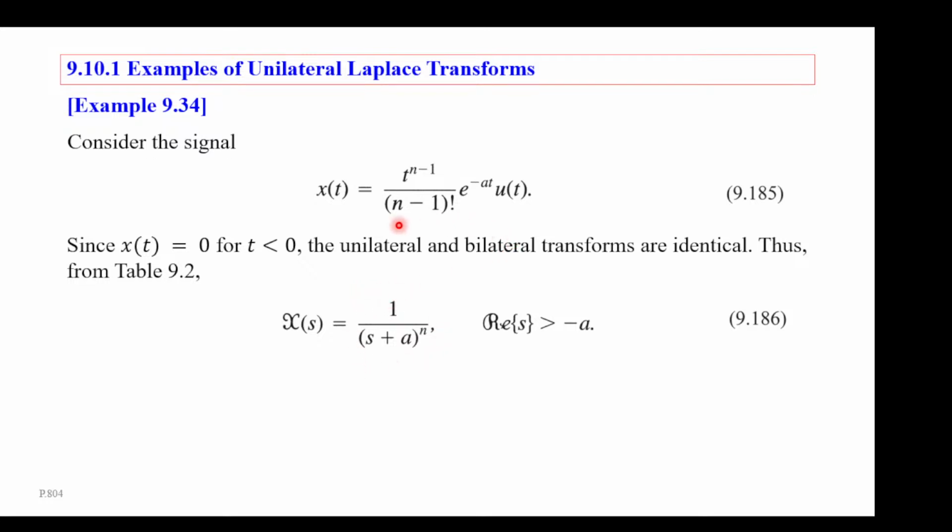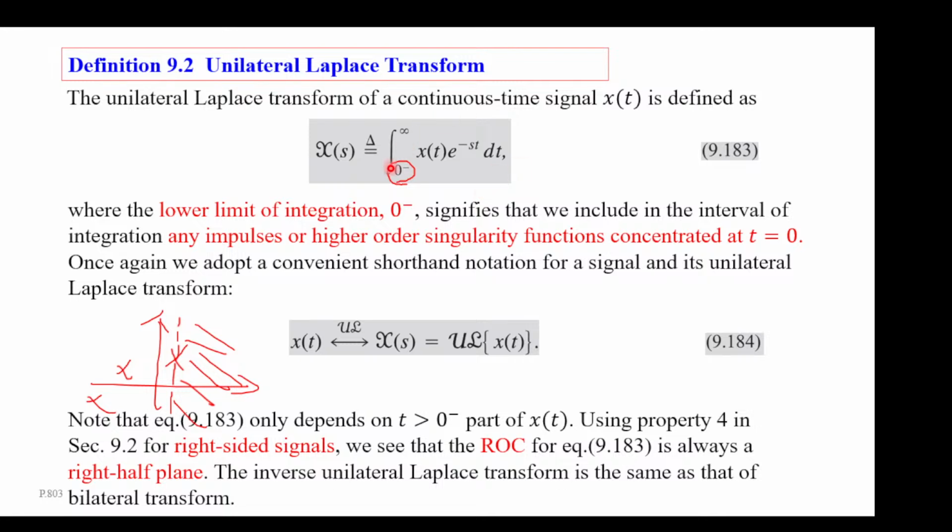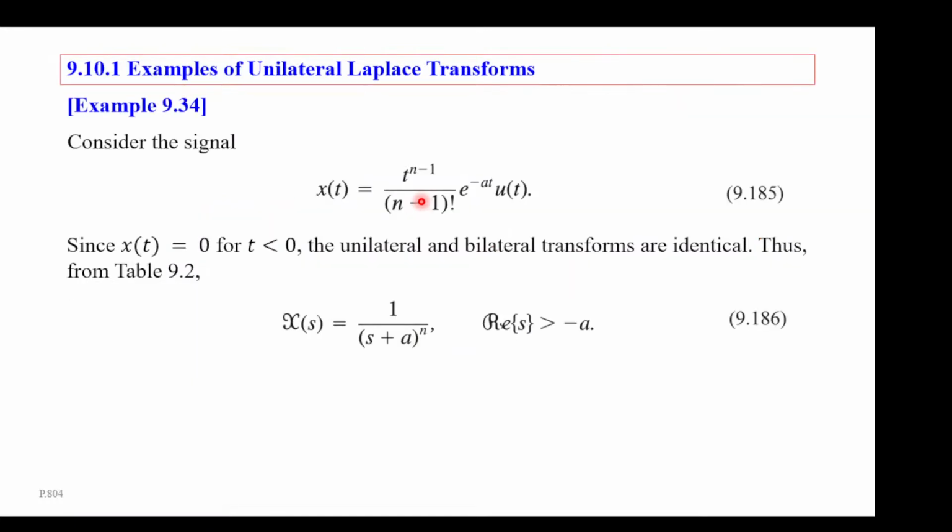Those functions are equal to 0 when t is less than 0 because of the u of t, so the unilateral Laplace transform is the same as the bilateral Laplace transform, because the integration is the same whether you integrate from minus infinity or from 0 minus.